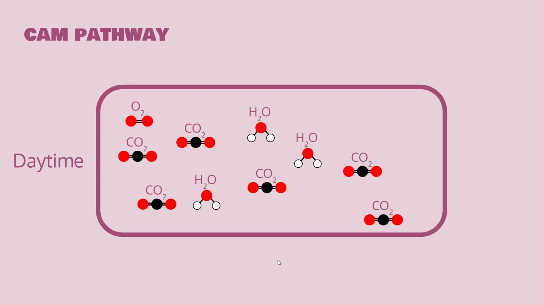However, the C4 and the CAM plants live in hotter environments where they have to close the stomata a lot more to prevent water loss, and therefore photorespiration could be a much bigger problem for them if they didn't use those alternate pathways. And since it uses a lot of energy to deal with the byproducts of photorespiration, it's actually better for them to use a little bit of energy in fixing CO2 twice, rather than losing so much more energy by having photorespiration happen.